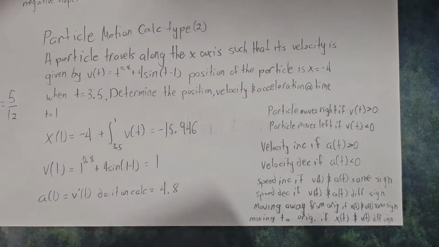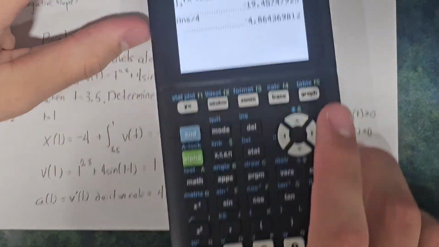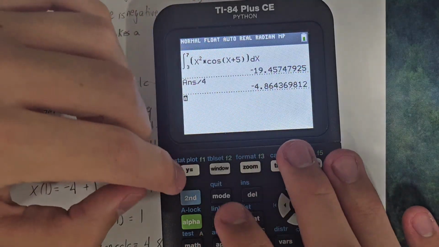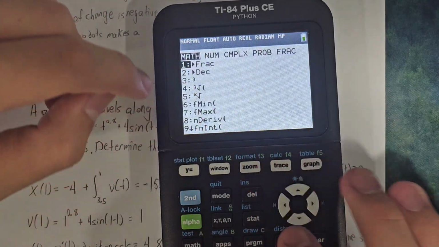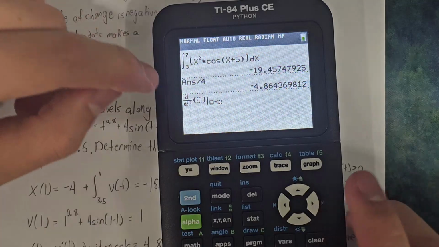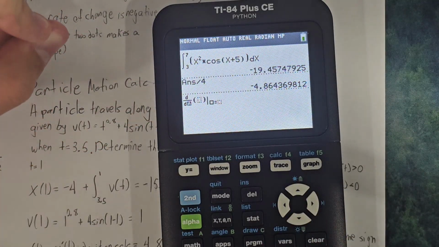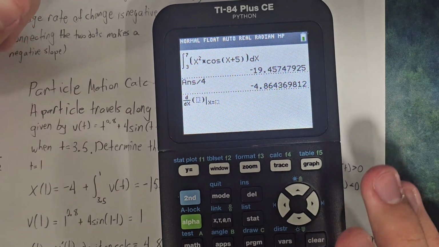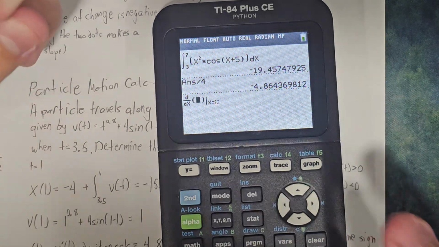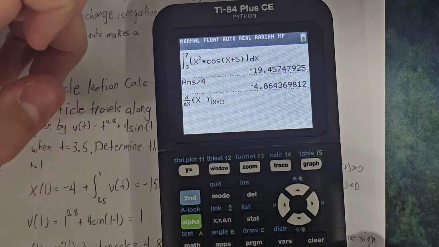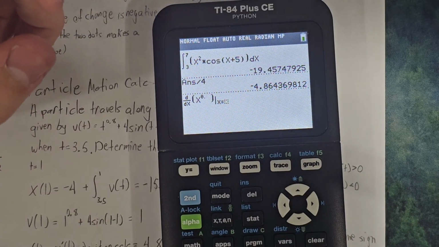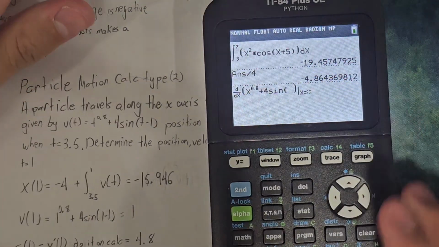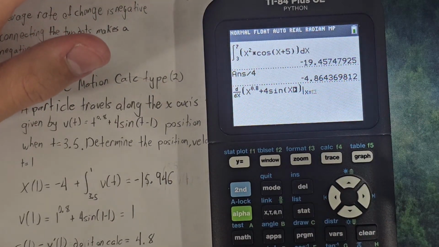Acceleration at 1, however, is just a bit more difficult. We're going to do it on the calculator again. You're going to press math. Nope, that's alpha. You're going to press math, then press 8, and you have your derivative thing right here. You do d over dx at x equals, and we're going to type in the function, except we're going to replace all the t's with x's. x to the power of 0.8 plus 4 sine x minus 1.